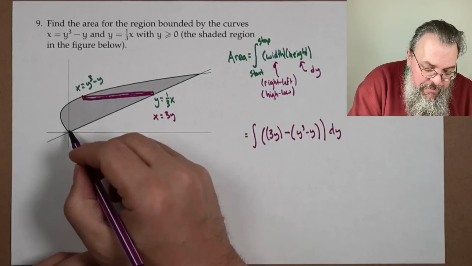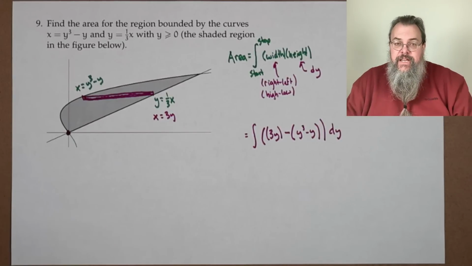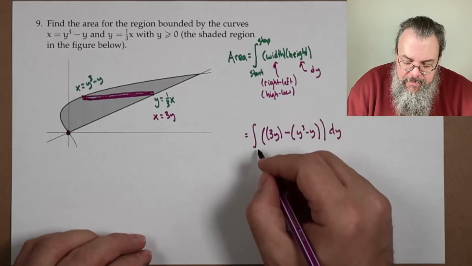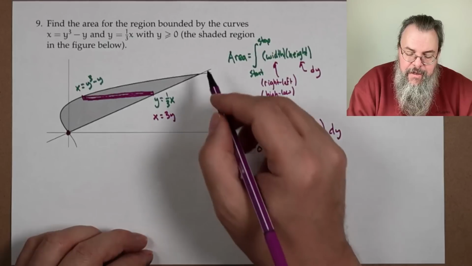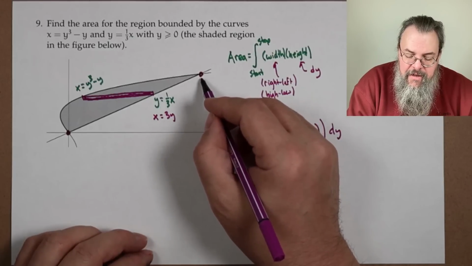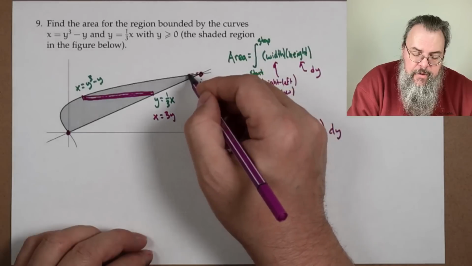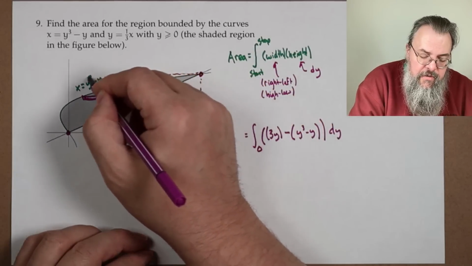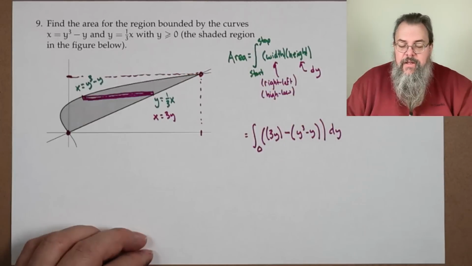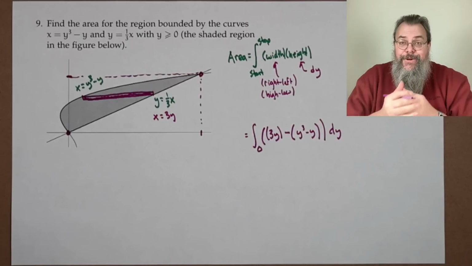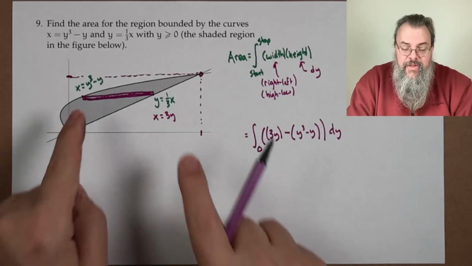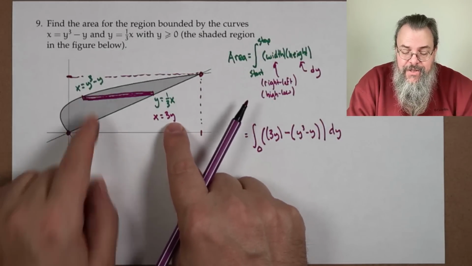Now, this number looks pretty clean, so I'm going to guess that that's a 0. But where is this at? You could say, what's the x value? Or you could say, what's the y value? In our case, we really want the y value. How do we find it? Set the two equal to each other.